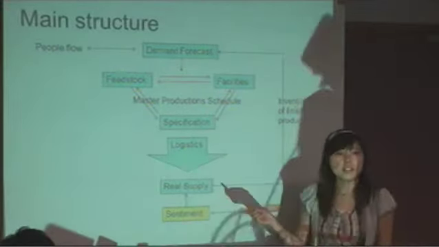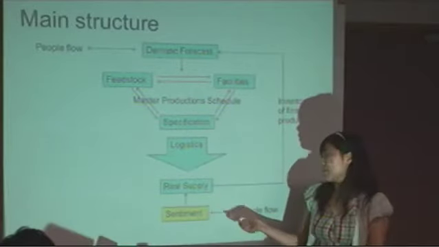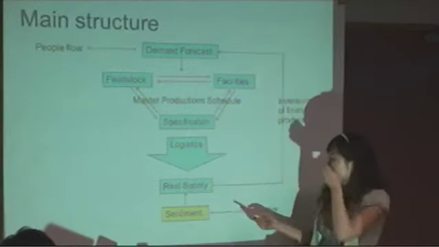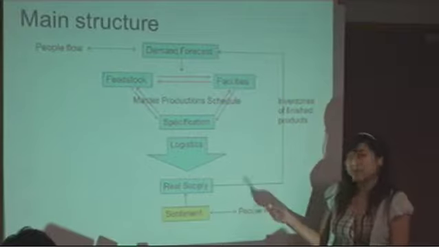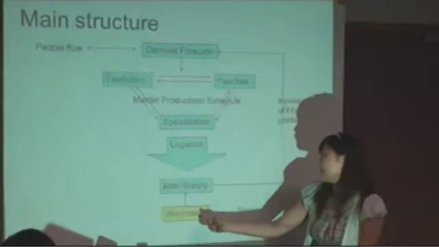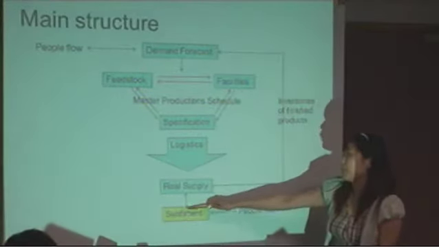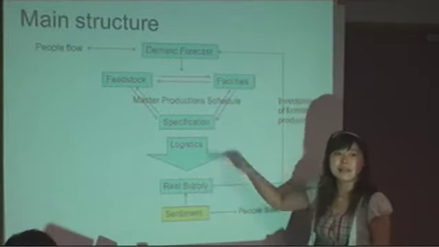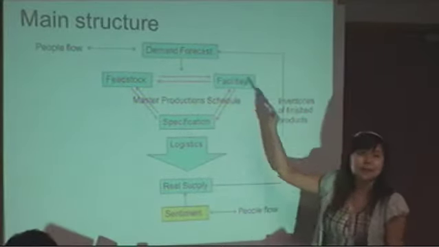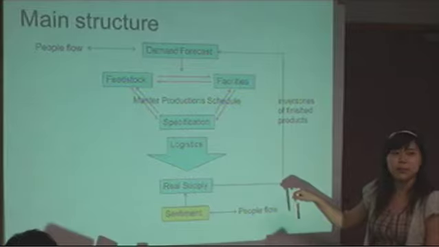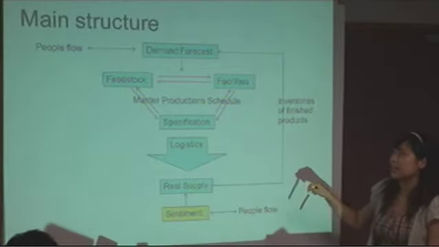The people in the system have their own considerations. They use their considerations to control their sentiment, and the sentiment will affect the real supplies in the system. So this is the outline of the materials flow, I think.